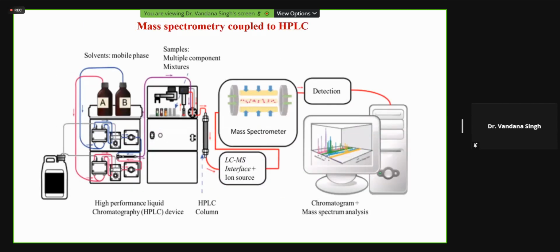So this is what a mass spectrometer, which is coupled to the HPLC system, looks like.